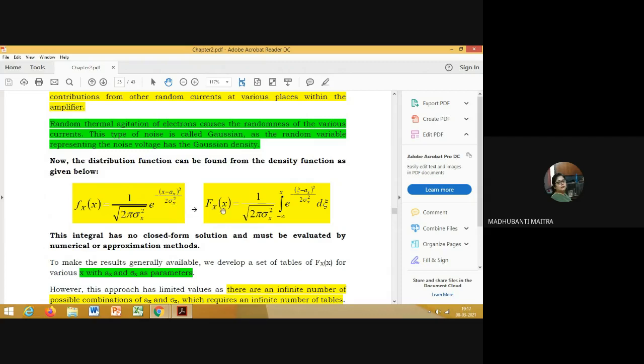From this, we can write the corresponding distribution function F_x(x) to be equal to 1 by square root of 2 pi sigma_x squared, and we'll have to integrate this. So integration from minus infinity to x, and since the upper limit has been taken to be x, we have changed the variable: e to the power minus (zeta minus a_x) whole squared by 2 sigma_x squared, d zeta.